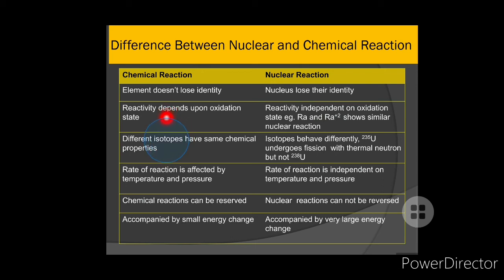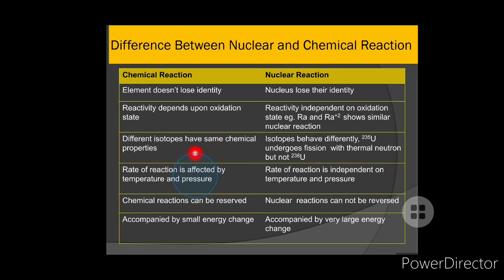Different isotopes of an element have the same chemical properties, meaning they show the same type of chemical reactions. But in nuclear reactions, isotopes show different types of reactions. For example, uranium-235 undergoes fission with thermal neutrons, but uranium-238 doesn't.